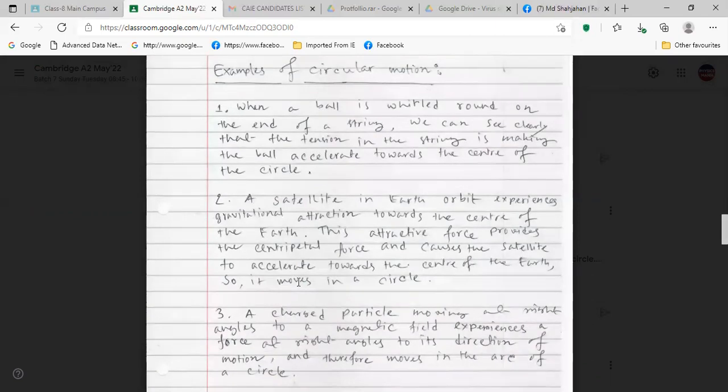This attractive force provides the centripetal force and causes the satellite to accelerate towards the center of the Earth, so it moves in a circle. Three: a charged particle moving at right angles to a magnetic field experiences a force at right angles to its direction of motion and therefore moves in the arc of a circle.